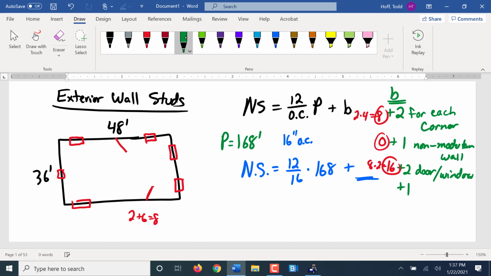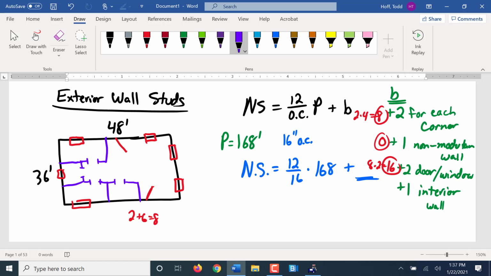And then we add plus 1 for each interior wall partition, or interior wall intersection. So we've got to draw in some interior walls here. So let's just say that's it.